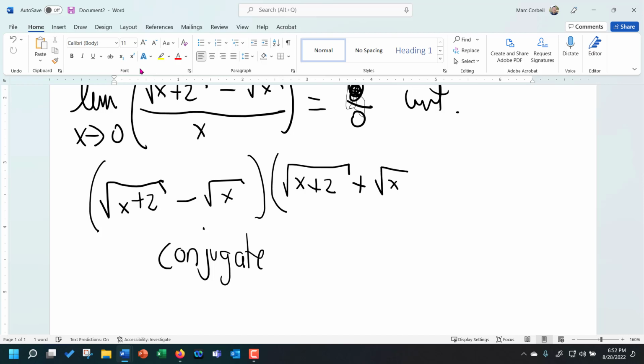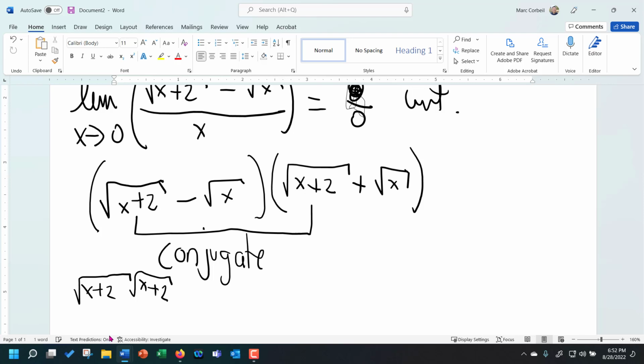When I multiply by the conjugate, I multiply the first two in FOIL, so that is going to be the radical of x plus 2 times the radical of x plus 2, which will be just x plus 2. So my first terms in FOIL actually remove the radical sign. The last two terms are going to be the square root of x, the square root of x with a minus sign. So that's going to also remove the radical.